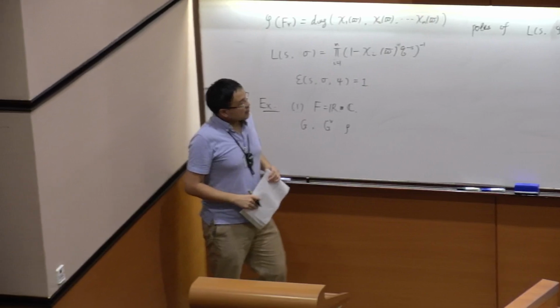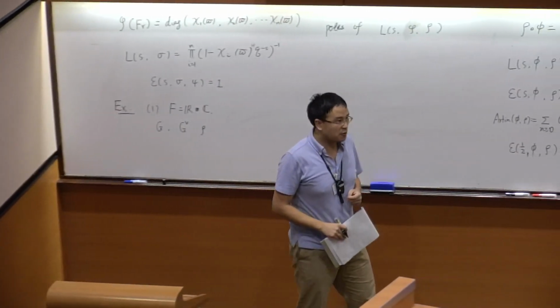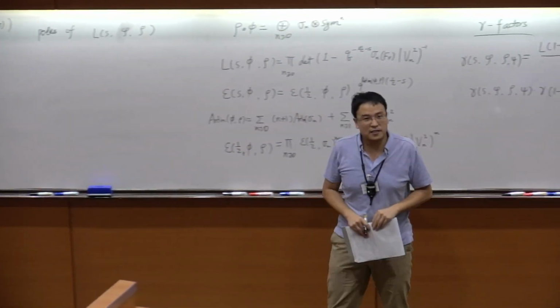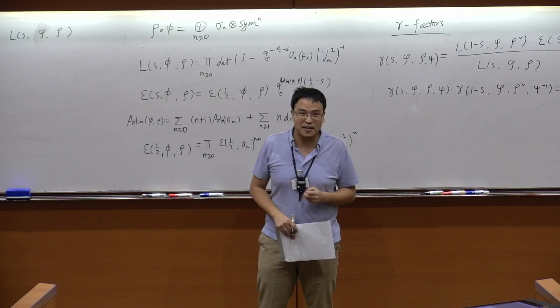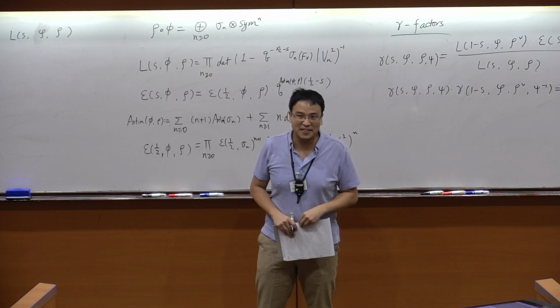And also the interesting thing is if you have a product of such gamma functions, if you forget this representation theory, can you have any other interesting interpretations for the product of the gamma functions?